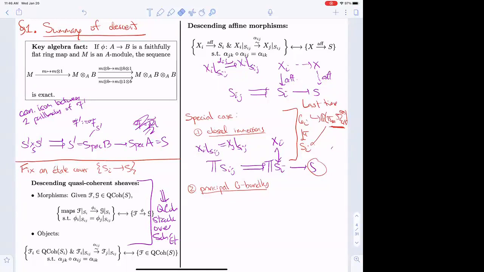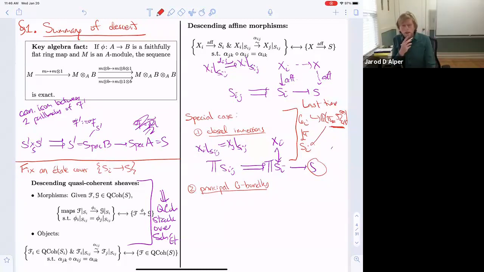Could you possibly explain why we have to take the third power? I've never really understood that, because the second power already is ample. Oh yeah, that's a good question. So the question was, why do you have to take the third power? In fact, you could take any power, but I think it has to be at least 3.